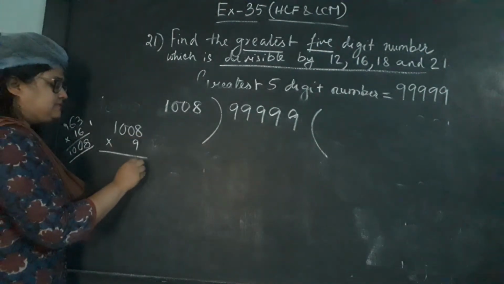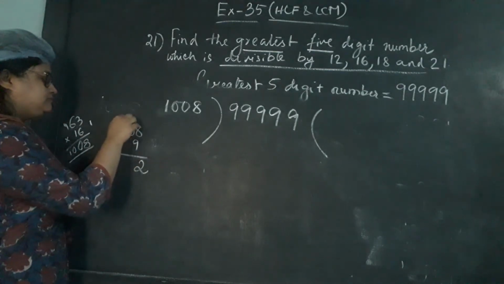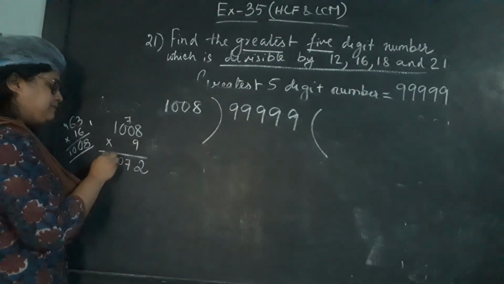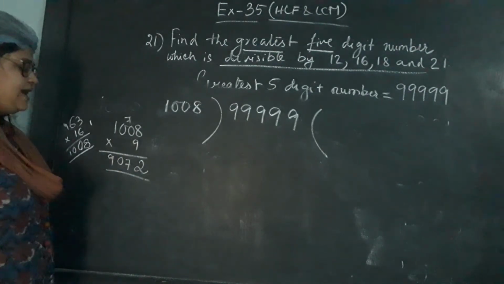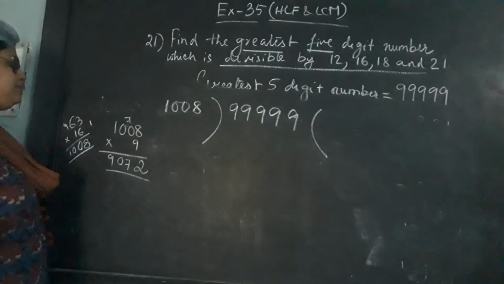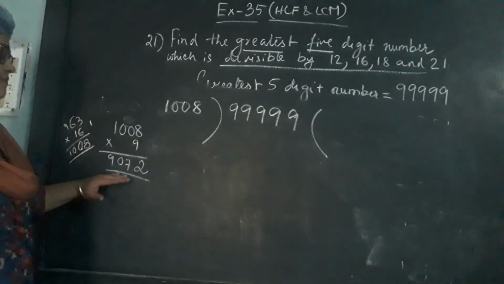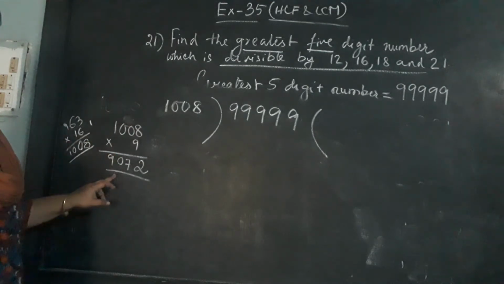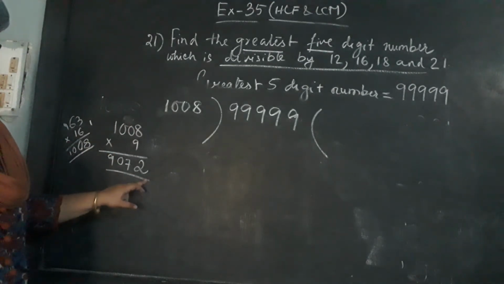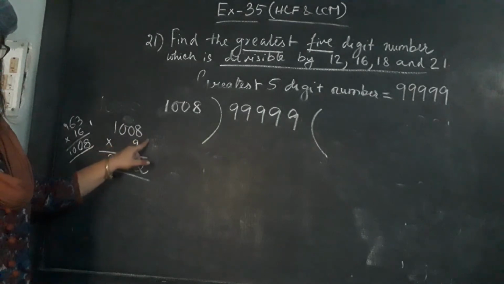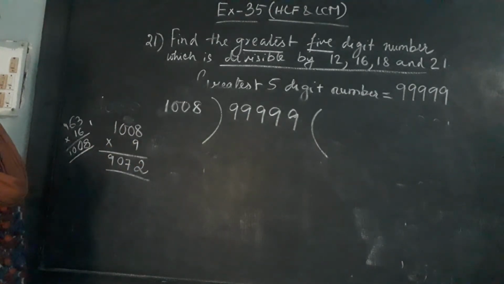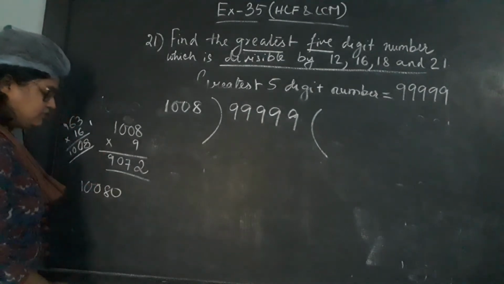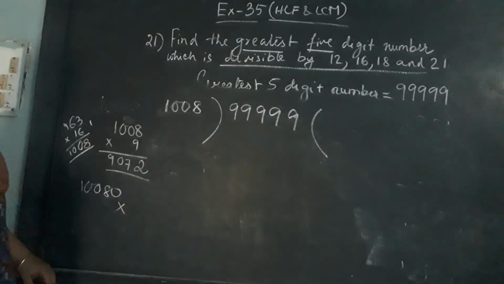So 9 8s are 9072. So if I multiply this number with 9, it is giving me 9072. But if I multiply with 10, it is going to give me a 5-digit number, that is 10080. So we are not taking this.